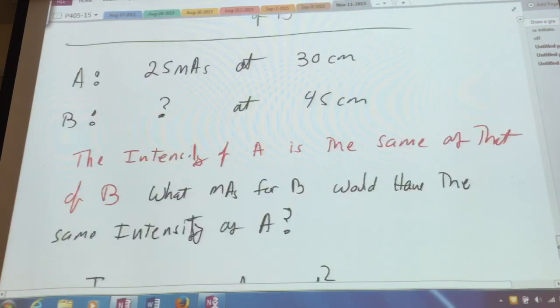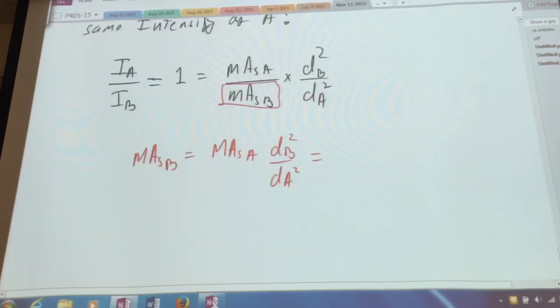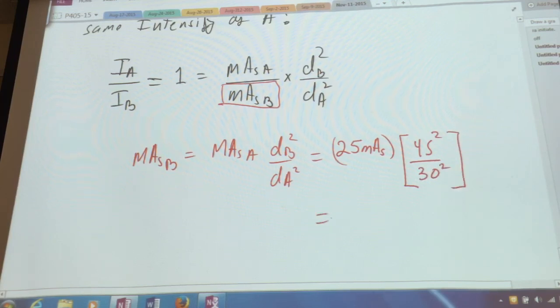What did I start off with? 25. Calculate away.